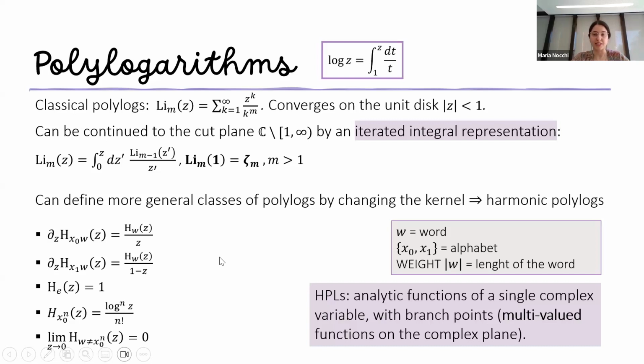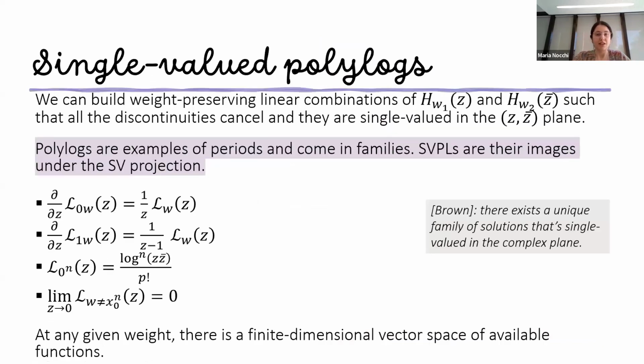And these harmonic polylogs are analytic functions of a single complex variable with branch points. So that means that multi-valued functions appear naturally in mathematics in general, as we all know, but in particular, if you want to use polylogs, the first thing to notice is that they are multi-valued. We are free to try to build a single valued image of that. And there are a lot of papers by Francis Brown where he showed that there exists a unique family of solutions that's single valued in the complex plane.